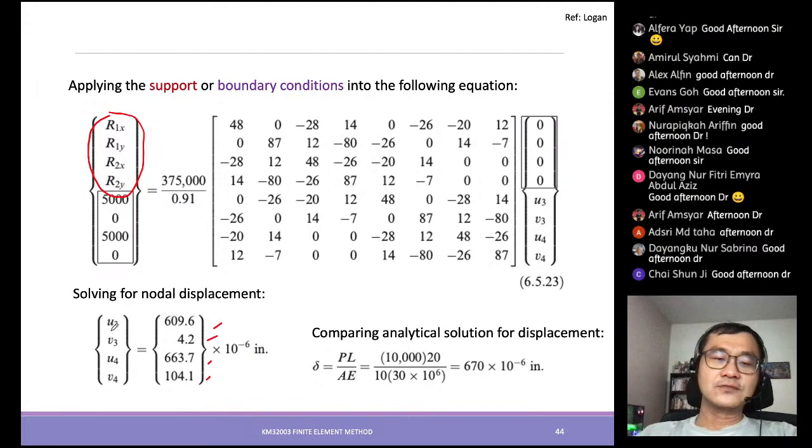So from this problem you would see that there is a small displacement in the y directions, whereas for the x directions they are higher. But then you can see that this is quite high.